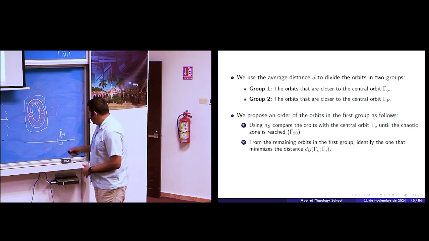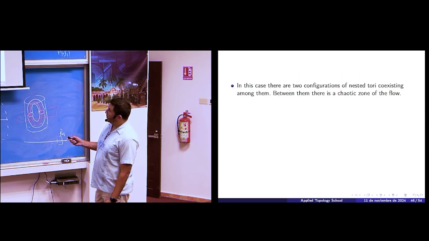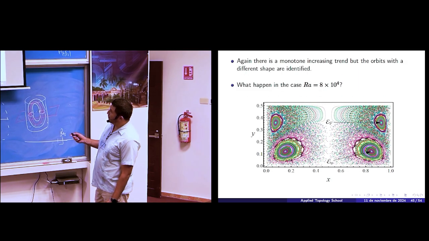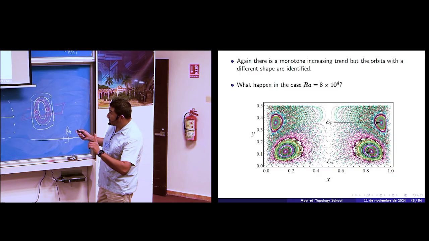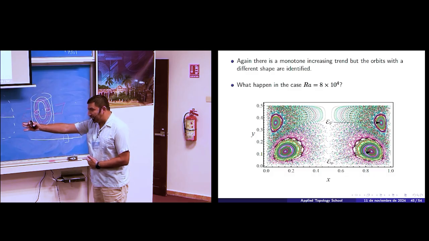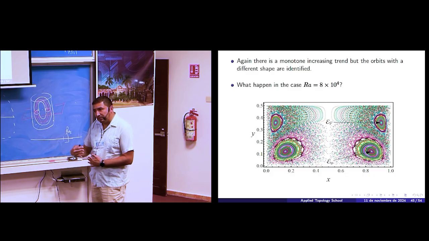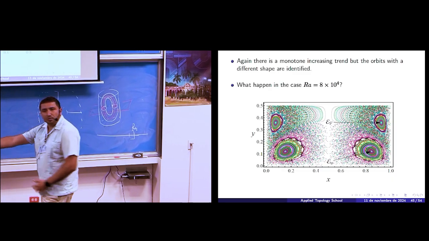In this region we compare with the orbit in the center, but when we reach this zone, only in the first group, we start to compare with all the remaining orbits, and the one with closer distance is the following, and we go on.